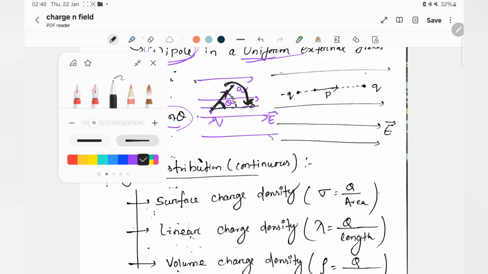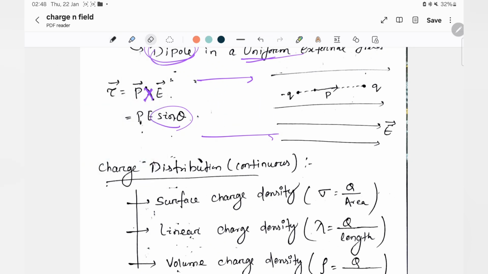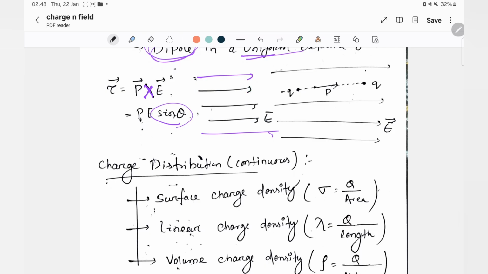Now if we see this, this is our electric field and the dipole moment stays perpendicular to the electric field. So this is minus q and this is plus q. The dipole moment direction is upward. Now what will theta be? 90 degrees. So it will experience maximum torque, so that it can align easily in the direction of the electric field.